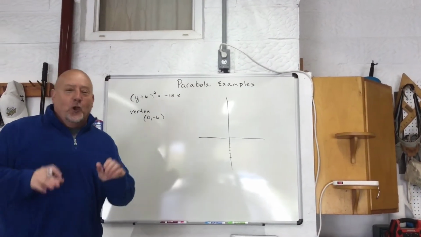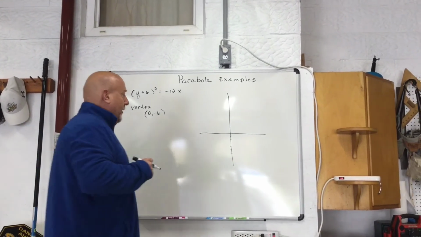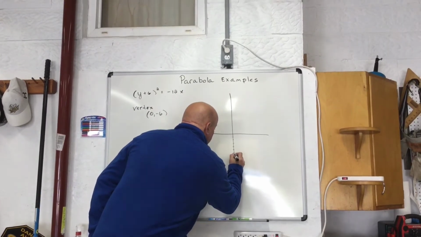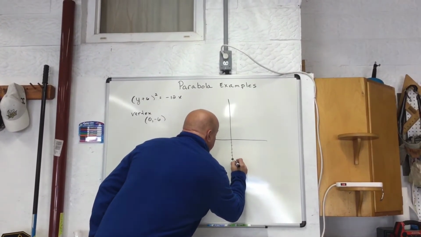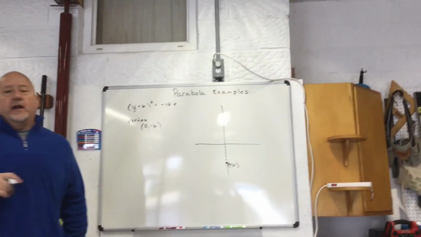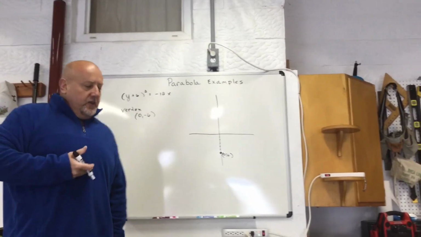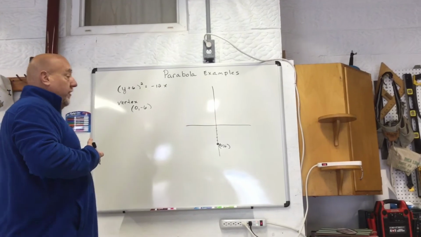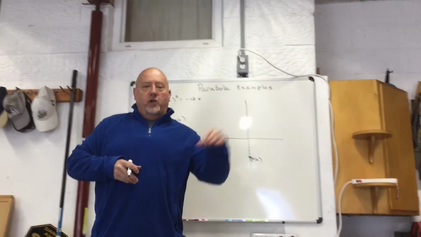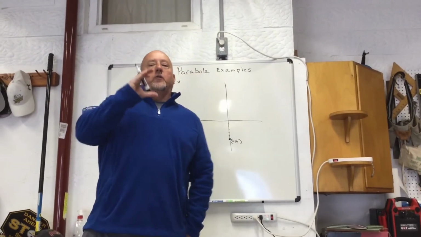So now let me plot the vertex of this parabola. (0, -6) is going to be right here. Okay, that's going to be the vertex. Now, the next thing I'm going to do is figure out which way the parabola goes. Again, the axis of symmetry is going to be horizontal, making the parabola go this way or this way.